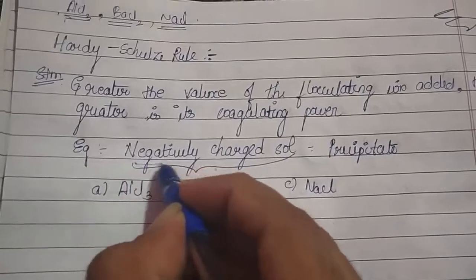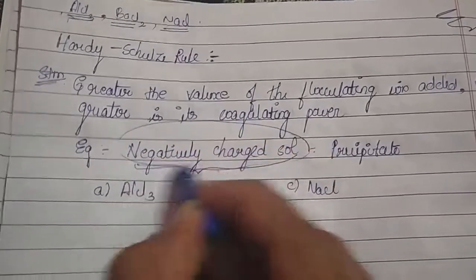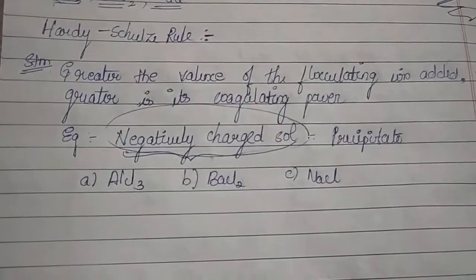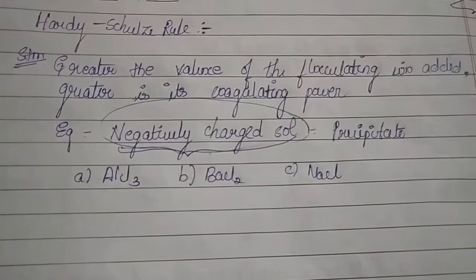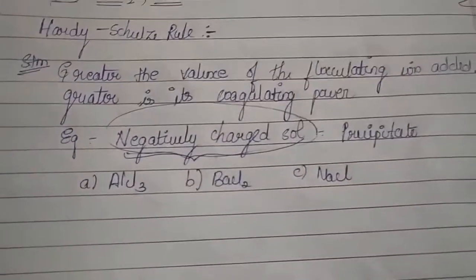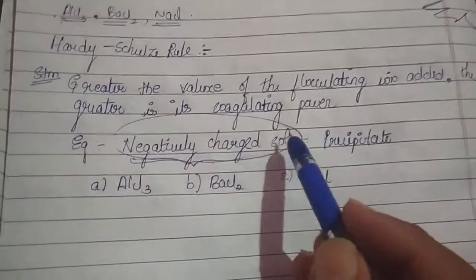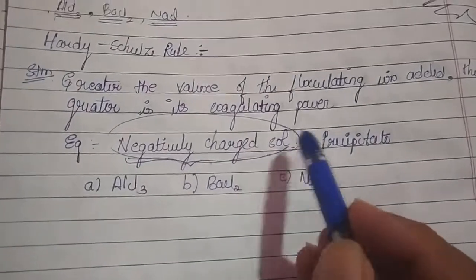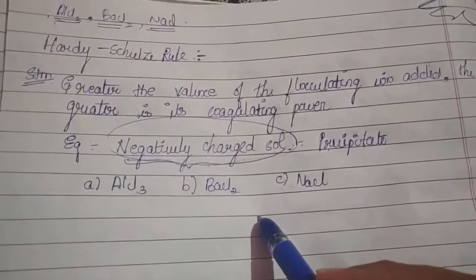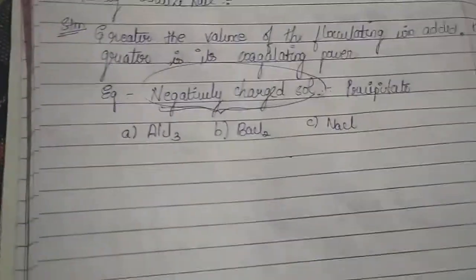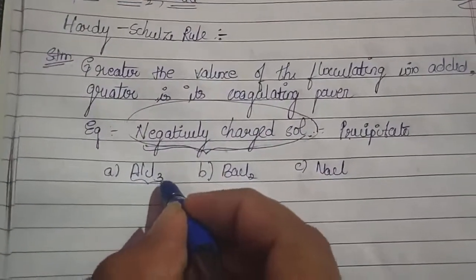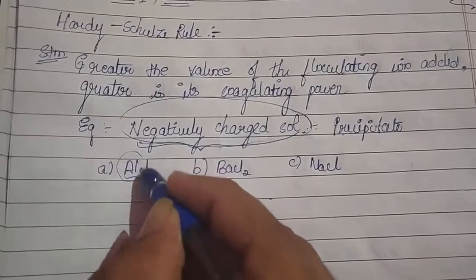What is the main thing over here? It is a negatively charged sol. So whatever flocculating ion I use should be positively charged. That should be common sense for you. Whatever the sol they give, the flocculating ion should be oppositely charged. So when I consider AlCl3, what will be the cation over here?